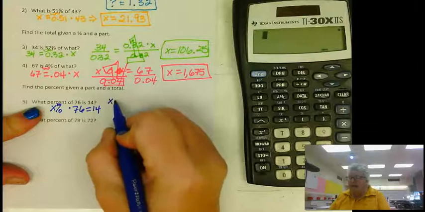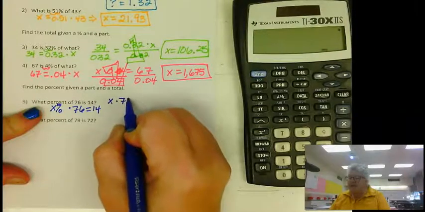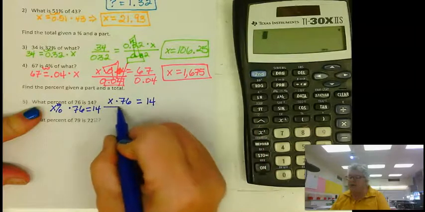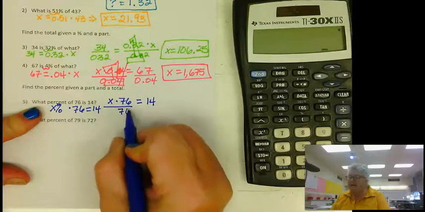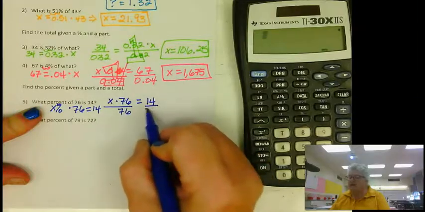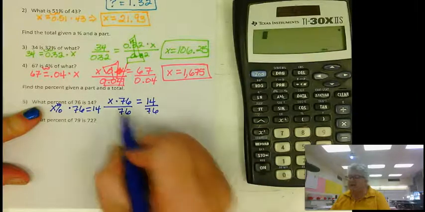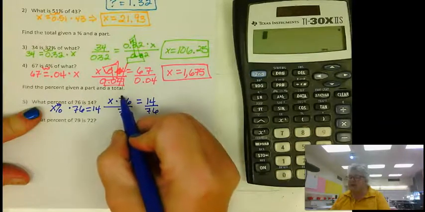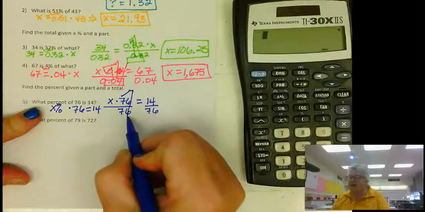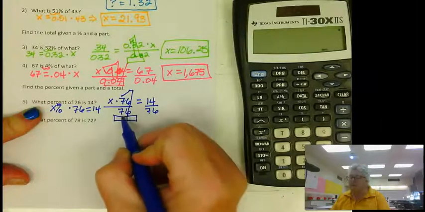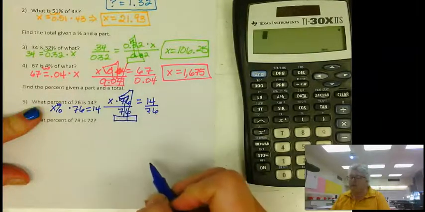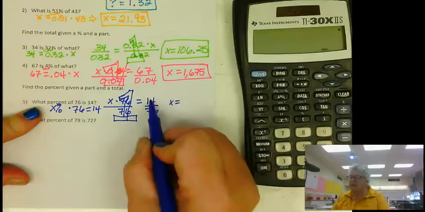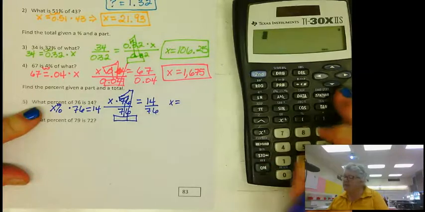I write it X times 76 equals 14. Now I'm going to divide by 76 and divide by 76 because it's times, so I have to divide. 76 divided by 76 gives me a big giant number 1. Okay, so X times 1 is X.